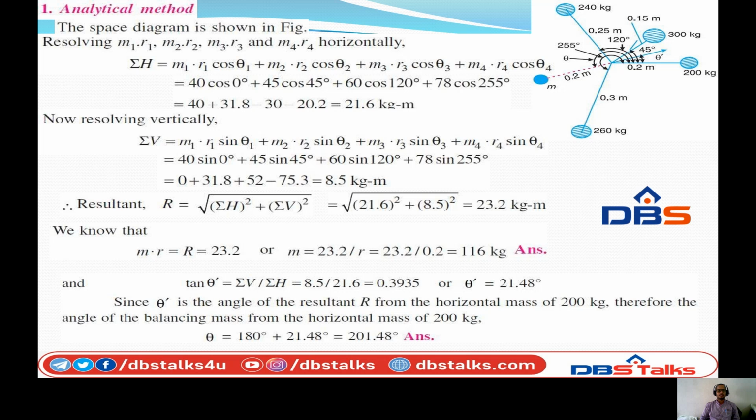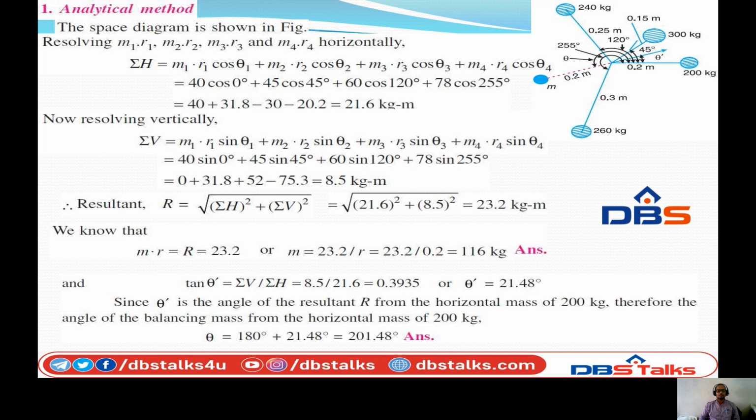Then cos theta 1, that is the reference 0 degrees, and the next angle is 45 degrees, and for cos theta 3, in the question 2 to 3 it is 75 degrees, but the 45 and the 75 will go for 120 degrees. So like that we have to position that. So finally sigma H is 21.6 kg meter.